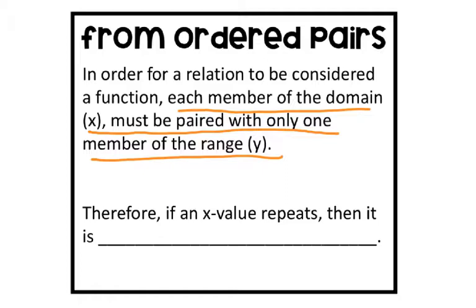That really means if an x value repeats, then it's not a function. So when we're looking at ordered pairs, we're really looking to see if the x value repeats. And if it does repeat, then it's not a function.